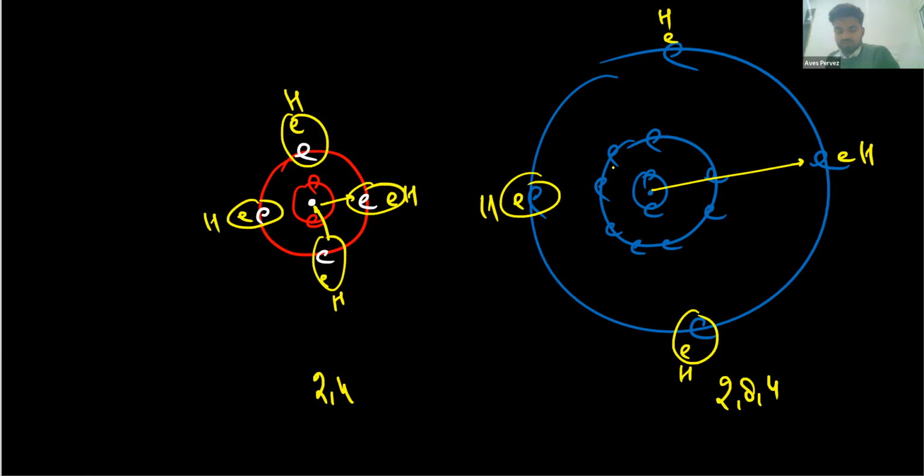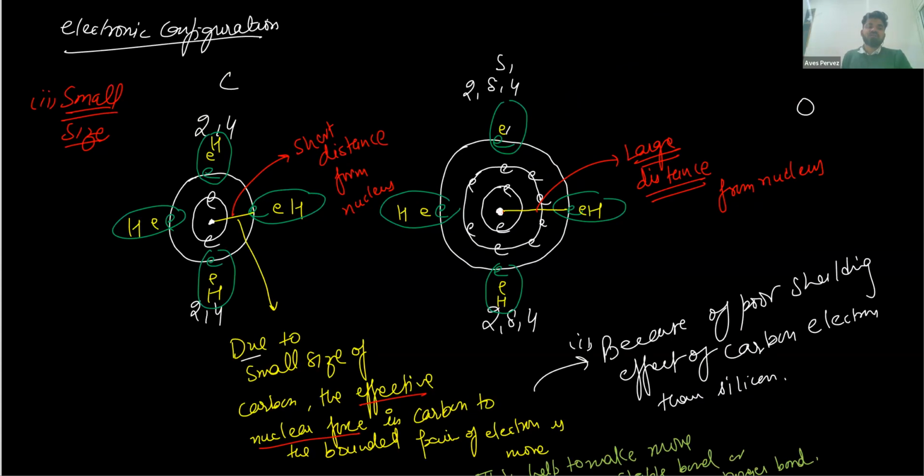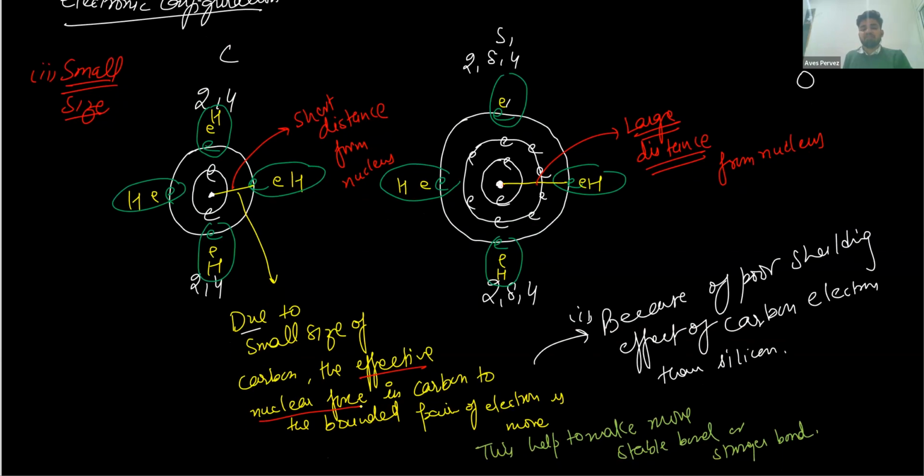Got it? Understood? The first reason is tetravalency, the second reason is small size. Due to small size, the effective nuclear force on carbon's bonded pair of electrons is more, which helps make a stable, stronger bond.